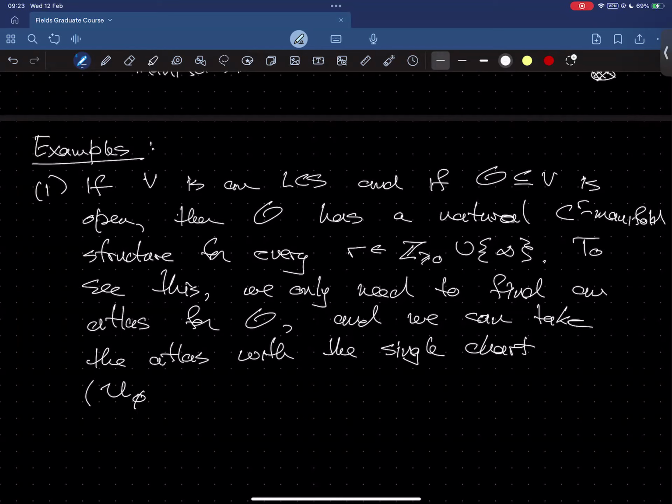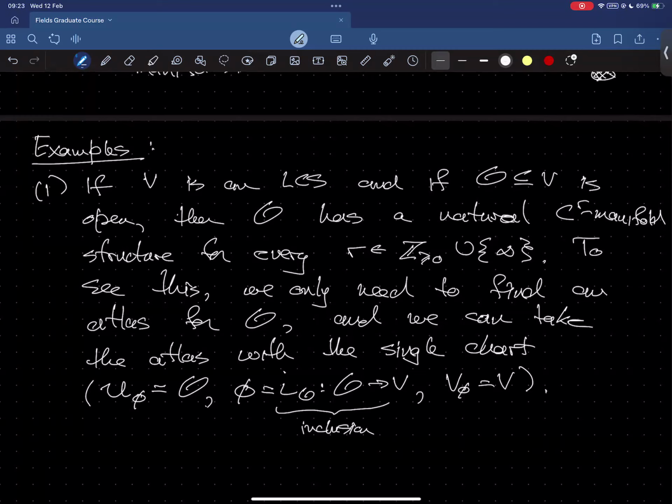U_phi, the domain of the chart, is going to be O. Phi is going to be iota_O, a map from O into V. So this is the inclusion map. And then V_phi will be V. Okay, so that's a chart.